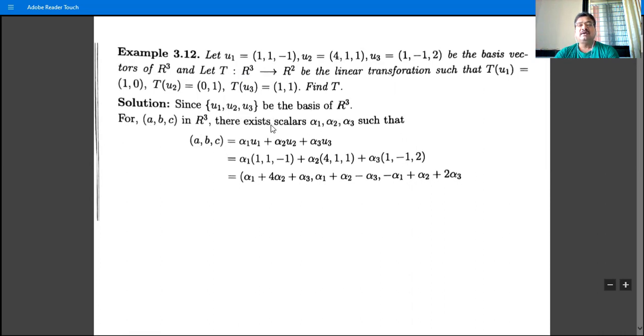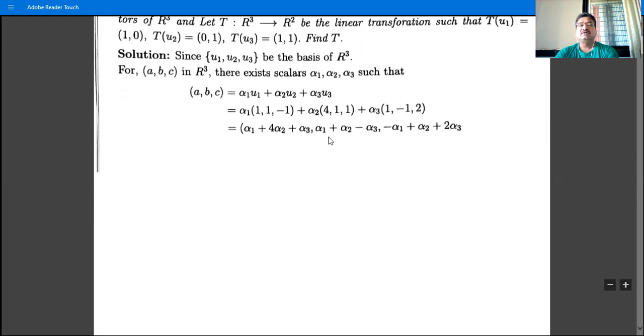And so we take three scalars, let alpha 1, alpha 2, alpha 3 be scalars such that (a, b, c) is equal to alpha 1 u1 plus alpha 2 u2 plus alpha 3 u3. Or we take k1, k2, k3 as three scalars such that (a, b, c) or small (x, y, z) is equal to k1 u1 plus k2 u2 plus k3 u3. And now we have to find the values of alpha 1, alpha 2, alpha 3.